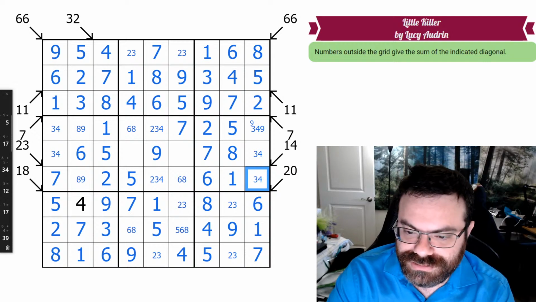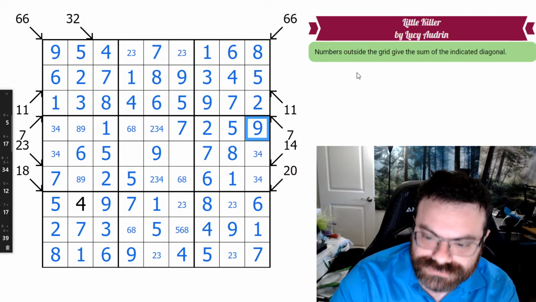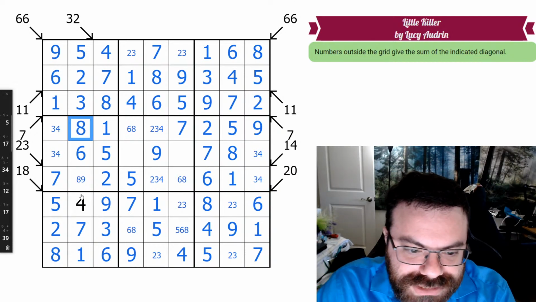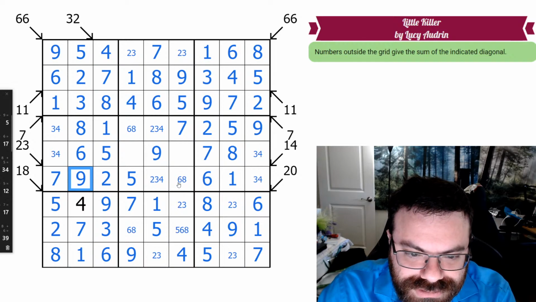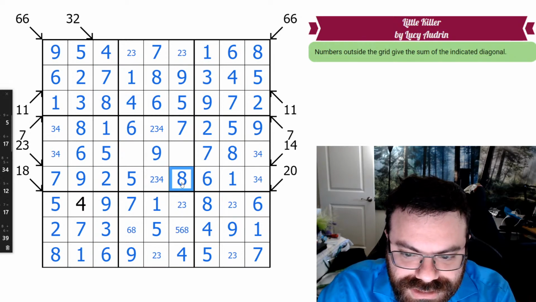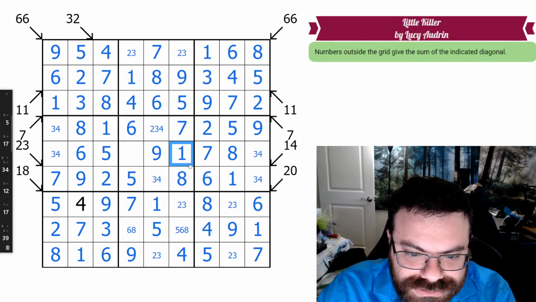So that's not 9. 8 and 9. That's a 6, that's an 8. That's not 2. I need a 1. Oops. This is 2 or 3.